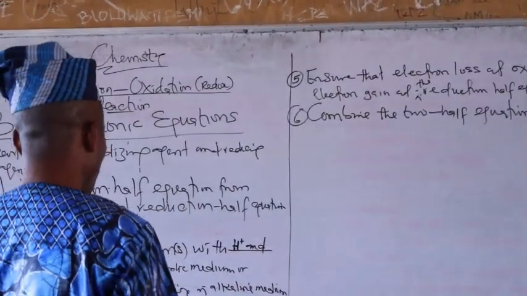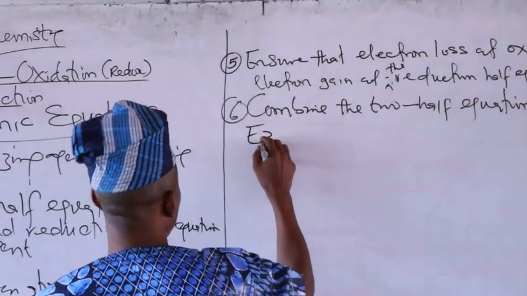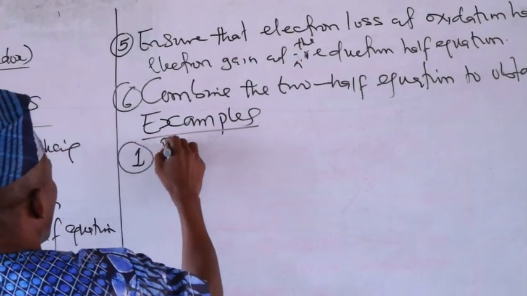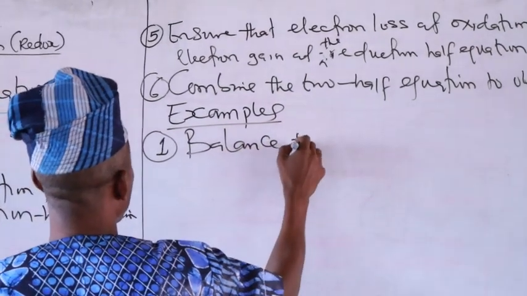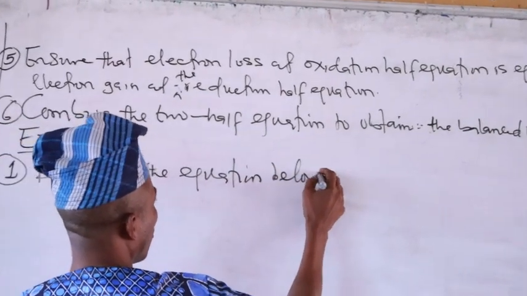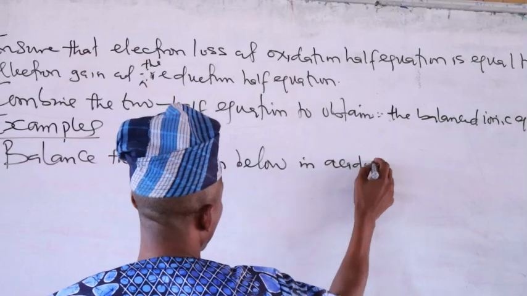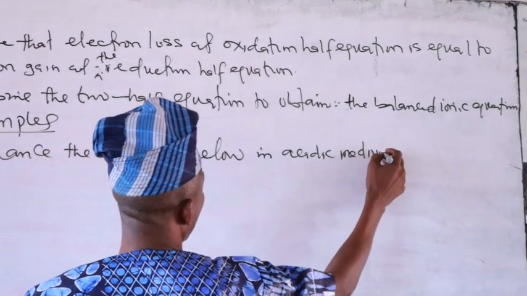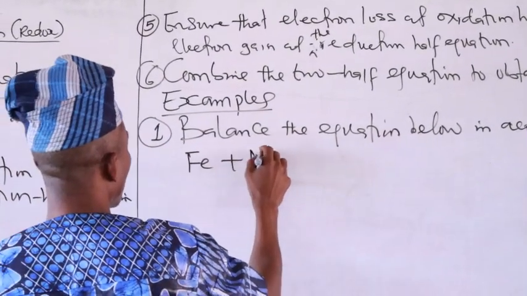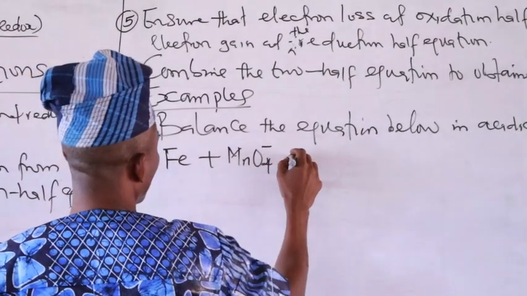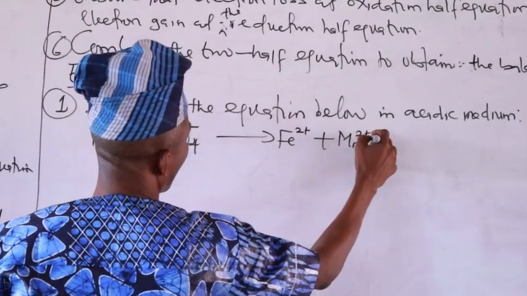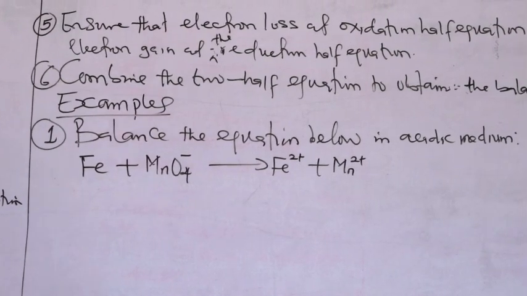Now let us look at one. Example 1. Balance the equation below in acidic medium. So we have this equation to be balanced in acidic medium.